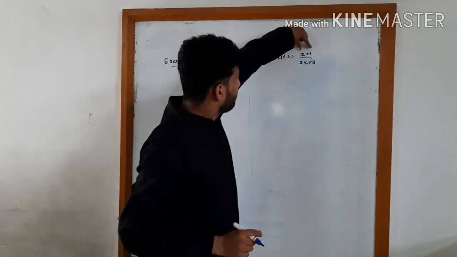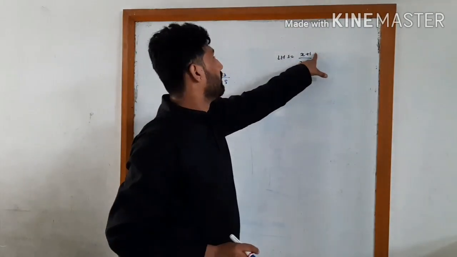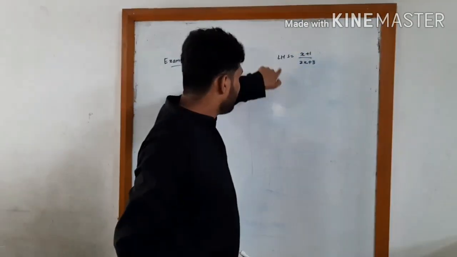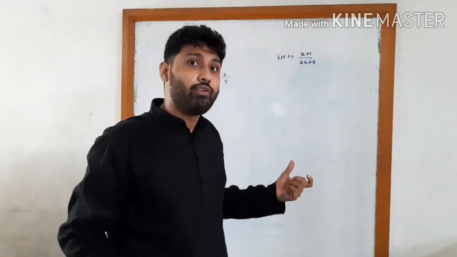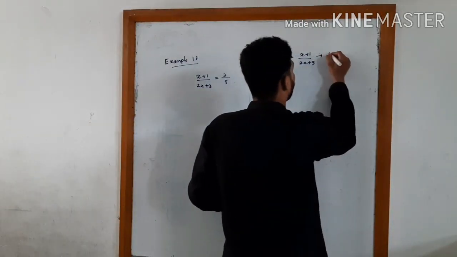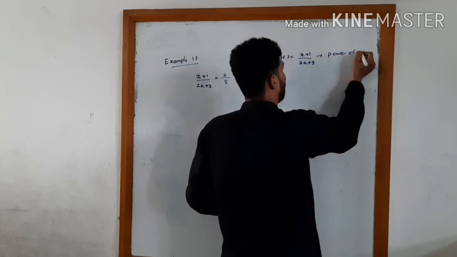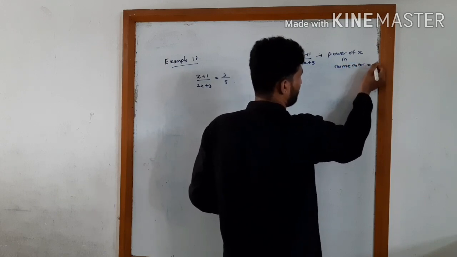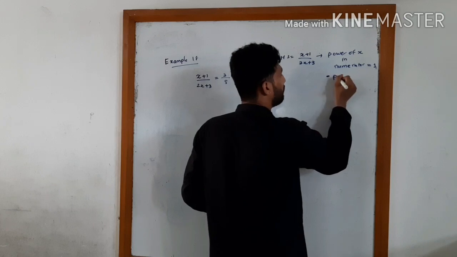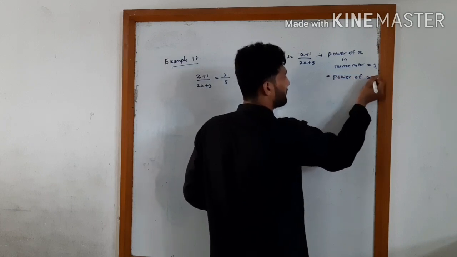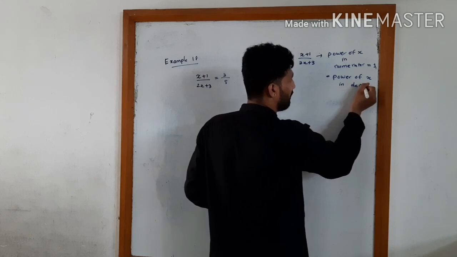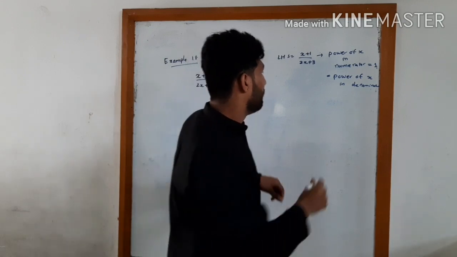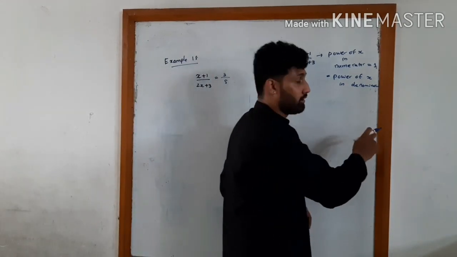Now if you see, the degree of x in the numerator is 1, the degree of x in the denominator is 1. So if you see the overall degree, the power of x is 0 because the power of x in numerator is 1 and this is equal to power of x in denominator.